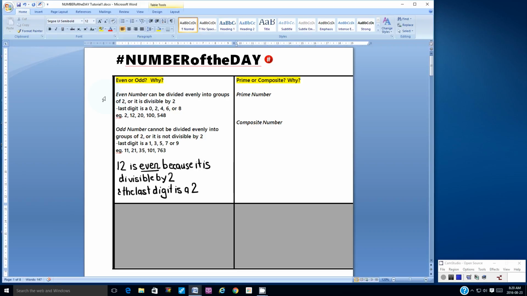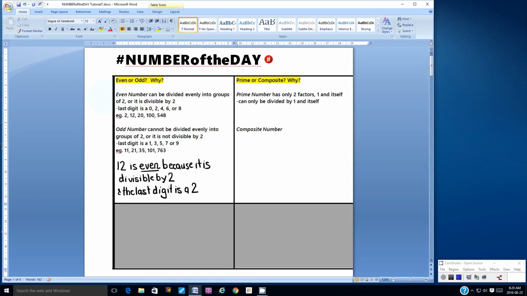A prime number has only two factors, 1 and itself. It can only be divided by 1 and itself.